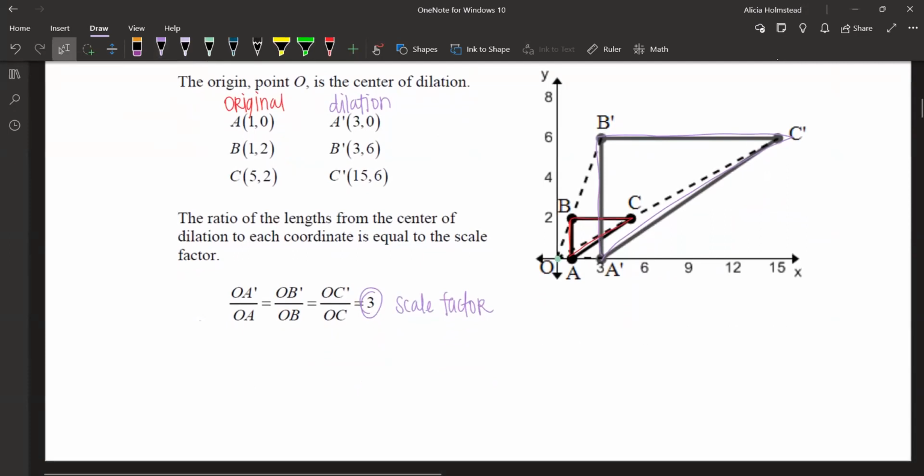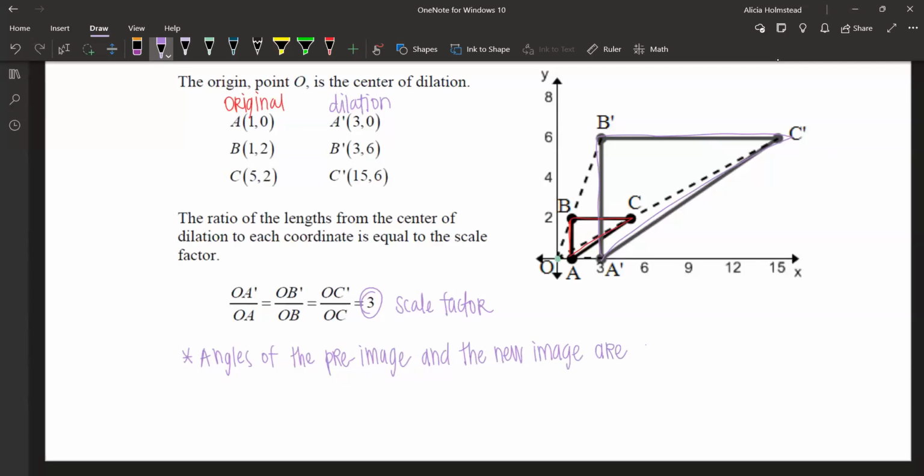Something important to note here is that although the side lengths of our image may change, the angles of the pre-image and the new image are congruent, which means they're the same.